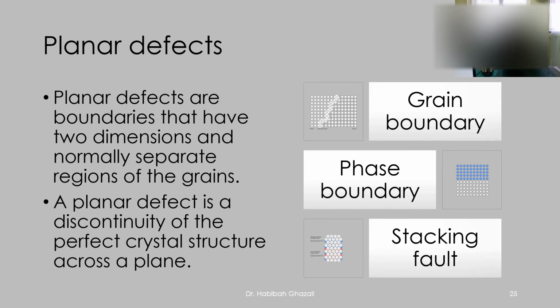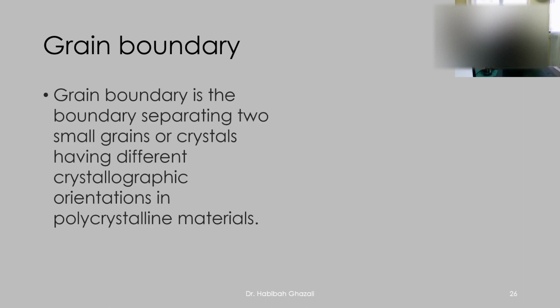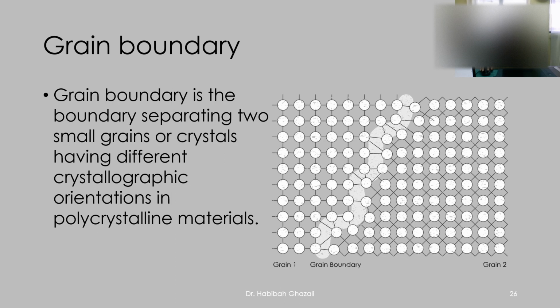So grain boundaries are regions separating two small grains or crystals having different crystallographic orientations. They exist in polycrystalline materials. This is the schematic representation of the grain boundary.